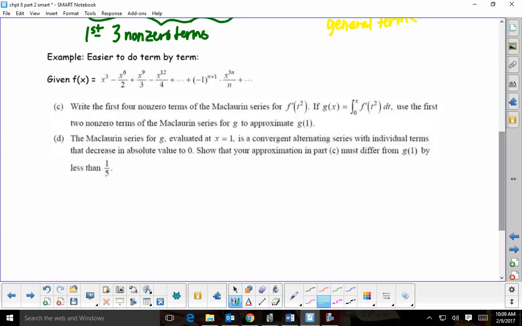If I asked you to find f prime of 2, what do you first have to do? Find f prime. Then you can go plug it in. So same thing. My first step is to find f prime. So let's set f prime, and this is going to be easier to do term by term.